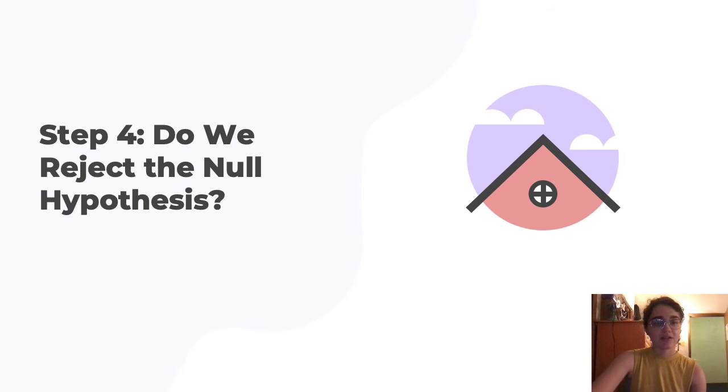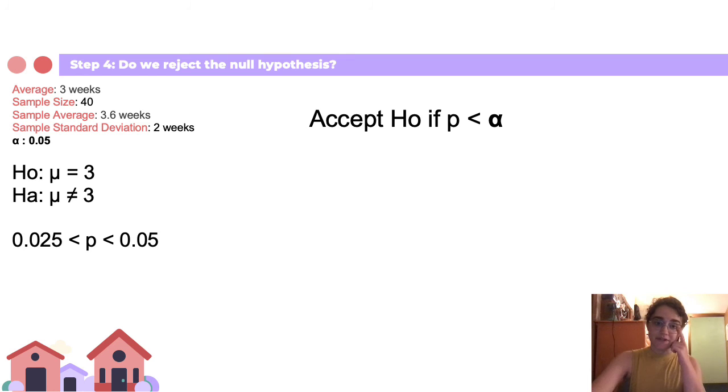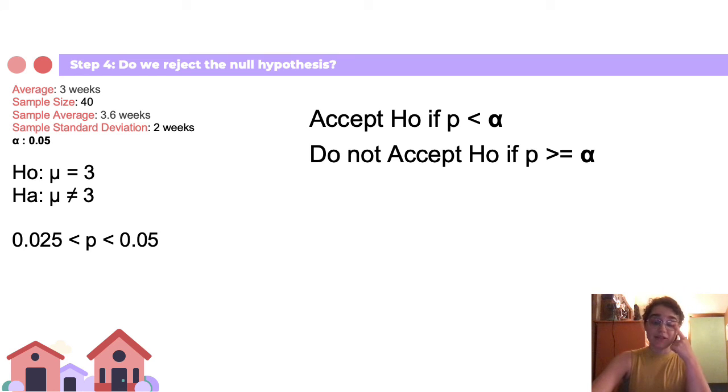In determining step 4, do we reject or not reject the null hypothesis? Given everything that we found before and everything that was given, we need to figure out whether or not to accept the null hypothesis. We'll accept the null hypothesis if the p-value is less than alpha, but we will not accept the null hypothesis if the p-value is greater than or equal to alpha.